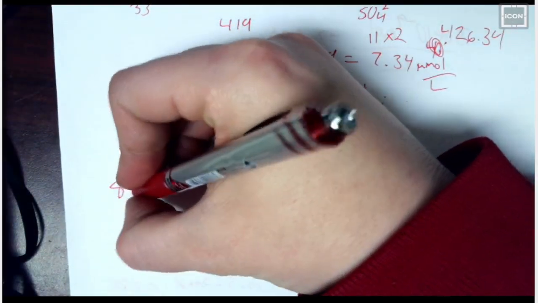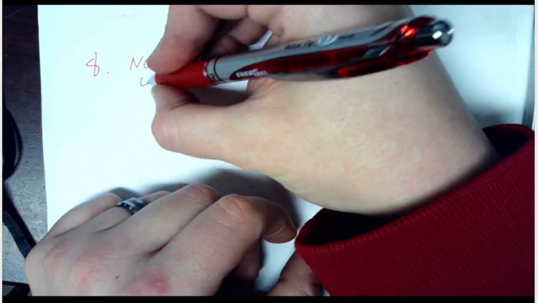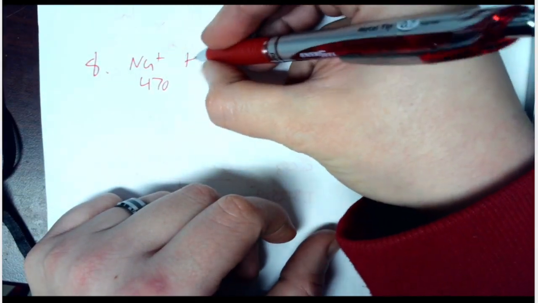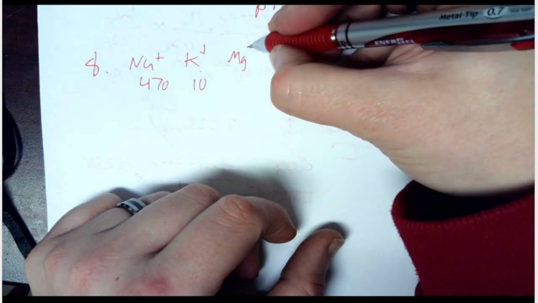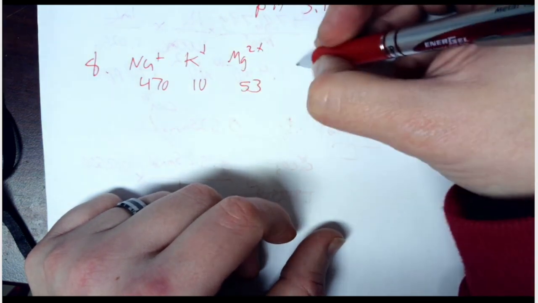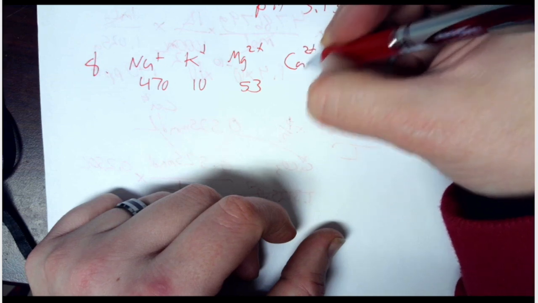Let's look at 8. Okay. The major ions and the concentrations in millimoles per liter of seawater are sodium being 470, potassium being 10, magnesium 2 plus being 53, and now calcium being 10.